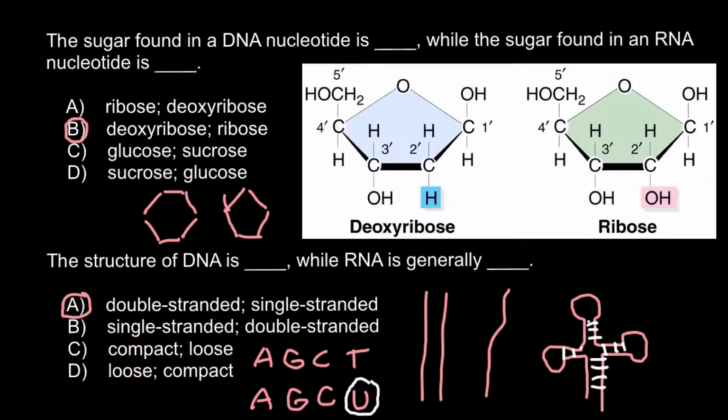And one more extra interesting piece of information for those people who watch this video to the end. There actually exist double-stranded RNA. Some viruses have a genome of double-stranded RNA. We call these double-stranded RNA viruses.